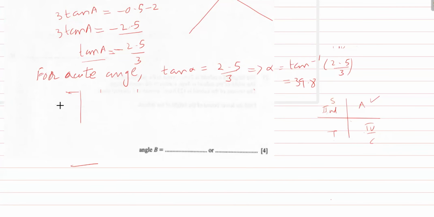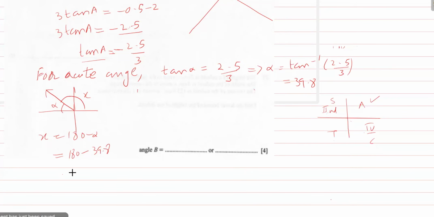We take two options. Second quadrant, the angle in the second quadrant, this is the acute angle and this is the angle X. X equal to 180 minus alpha. Here 180 minus 39.8 is 140.2 degree. This is the angle A here.